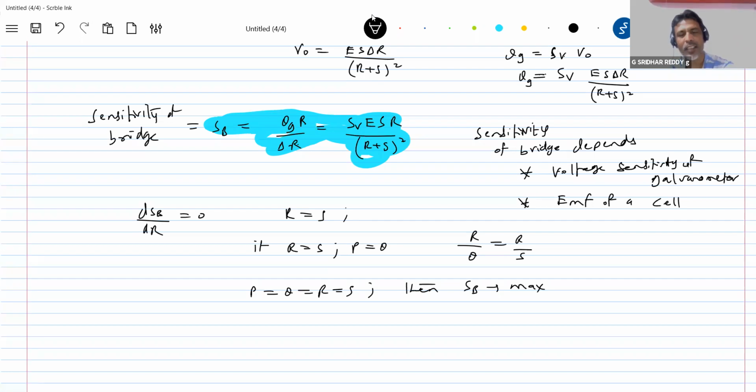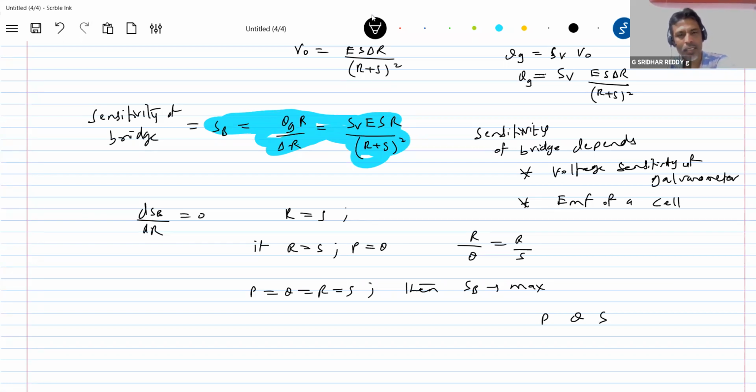Now, when you're using this Wheatstone network, what precautions do you have to take? You have to see that the resistance of all the arms must be equal for maximum sensitivity. See, this R is unknown. Don't think that you can control R. You have to adjust the values of P, Q, S in such a way that the current through the galvanometer will be 0. P and Q are known; in every experiment, P, Q, and S will be known.